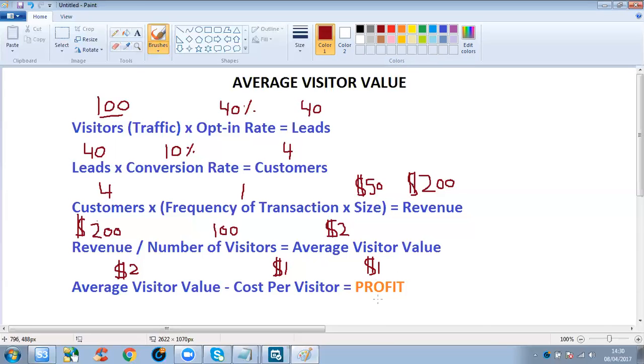It's very, very important. Even if you're doing the free traffic strategies, you want to take into account your time. So the cost per visitor is actually going to be in terms of time instead of money.